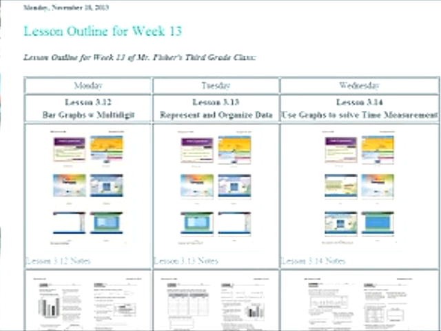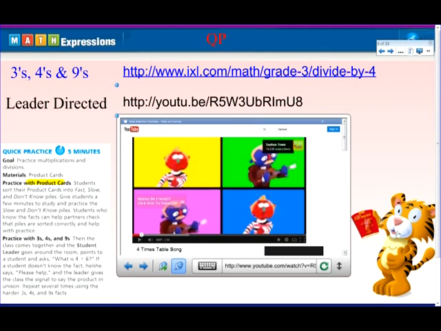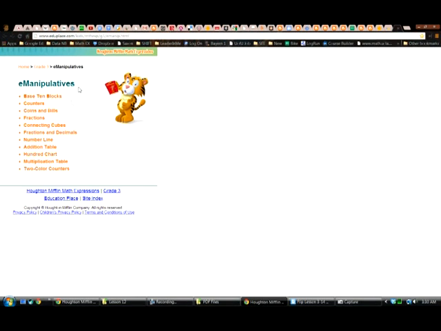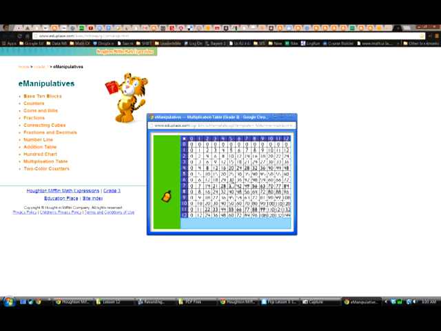Well, the other part I found is this other link, and this link takes you to the e-manipulatives. And this is the best one right here, the multiplication table. It's an electronic multiplication table, and you can find out 6 times 5 equals 30.